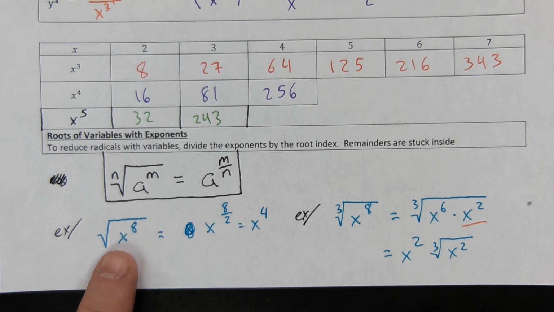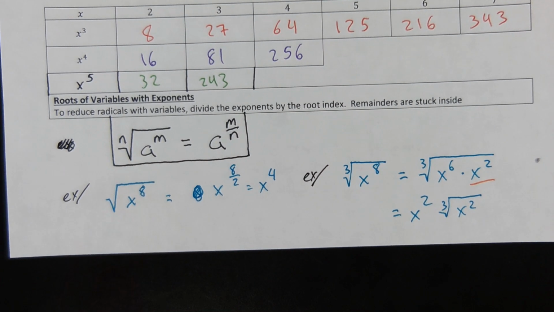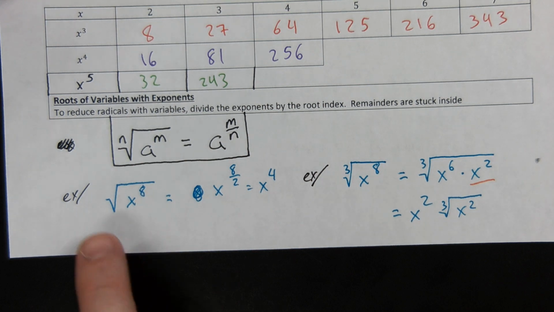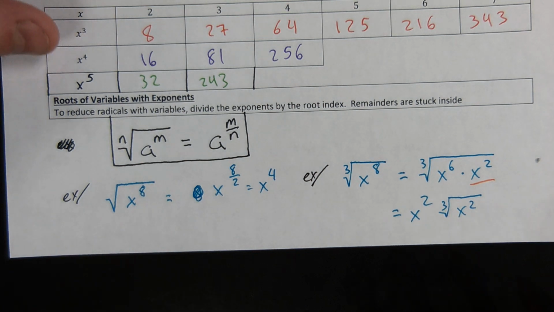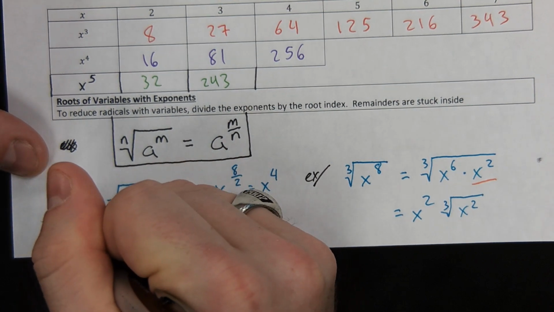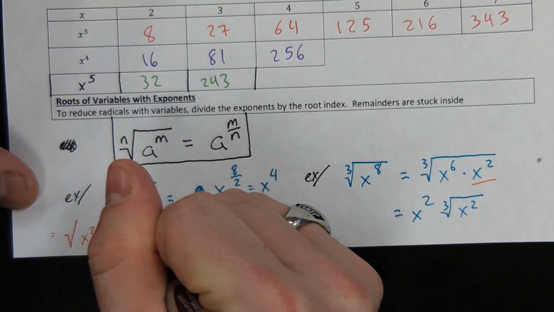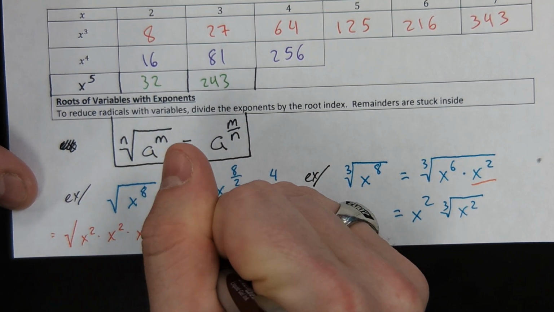Okay. So what I'm going to do for this one is I'm going to break this x to the 8th into a whole bunch of x squares, because we know that's what square roots cancel. When you multiply two numbers with the same base, you add their exponents.